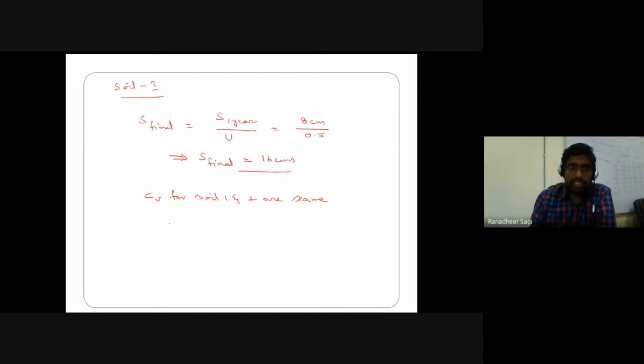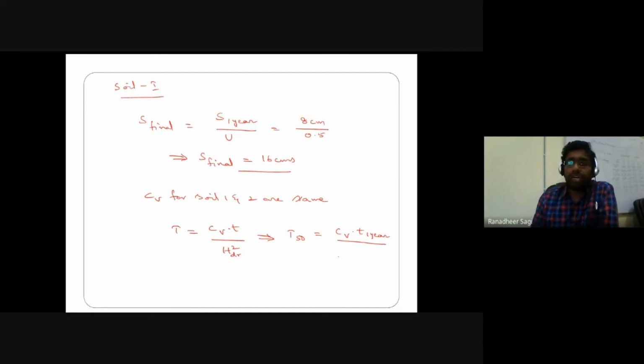Now, if the coefficient of consolidation in both the soils is the same, how do we write down this coefficient of consolidation? We understand from the time factor expression that time factor is CV into T by H square. Time factor corresponding to how much percentage of degree of consolidation? For 50% degree of consolidation, I am looking at CV into the corresponding time, 1 year, divided by HD square.